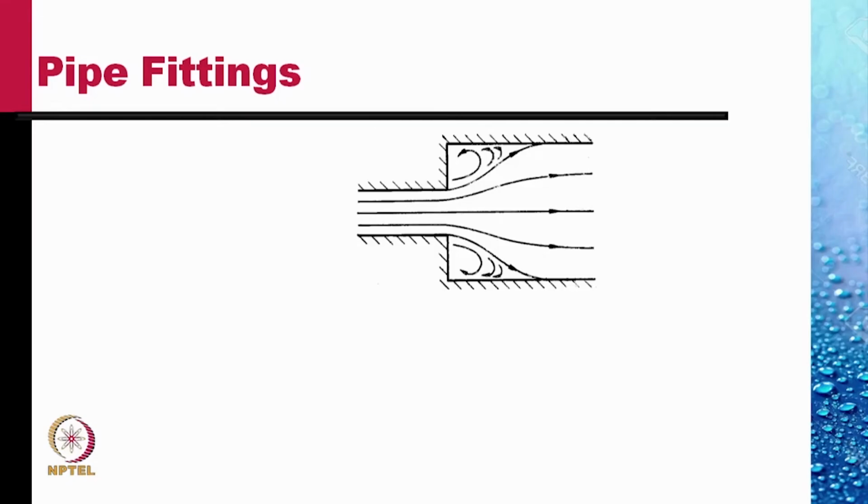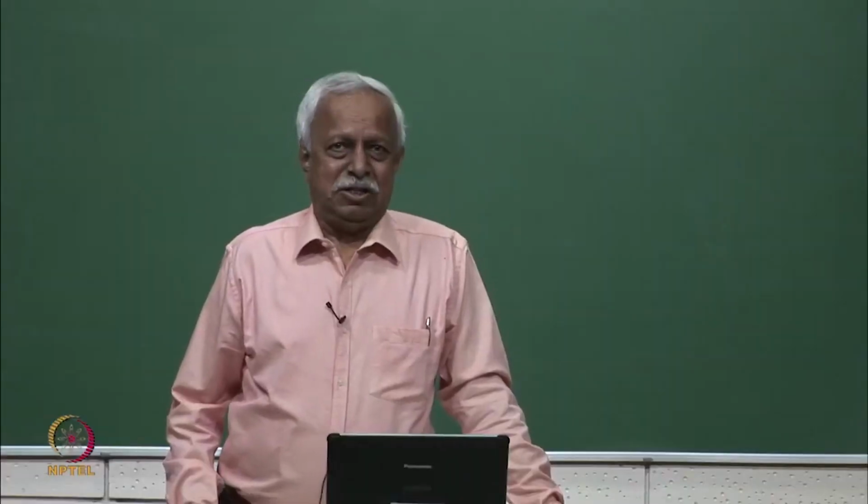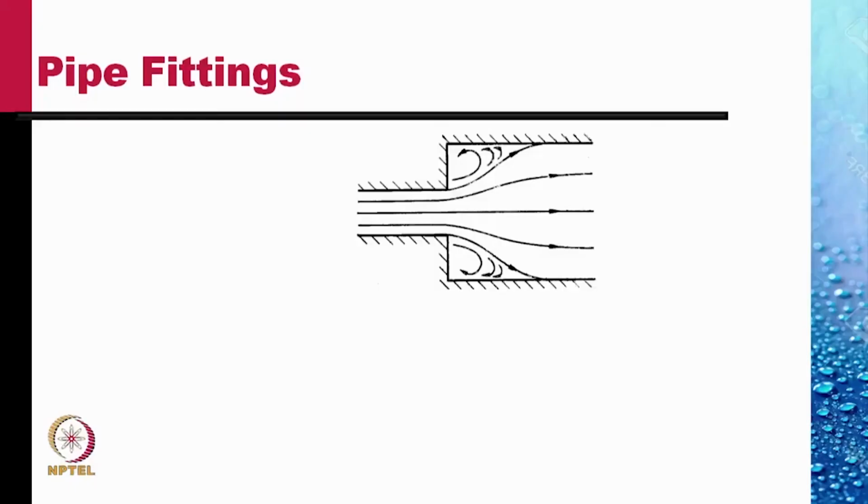I end this lecture with a description of two pipe fittings. One is in which there is sudden increase in the cross section of the pipe, sudden expansion of the pipe. The flow tends to expand, but the flow separates at this region, developing an annular dead water region. The fluid in this region does not move forward, it is just recirculating there.